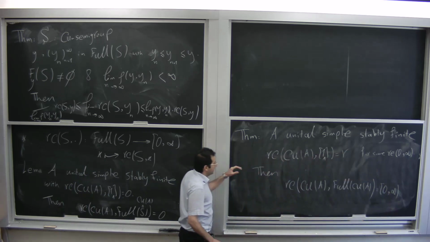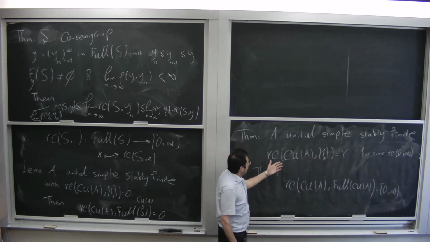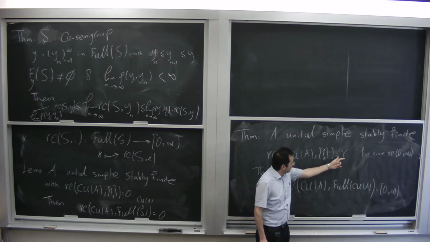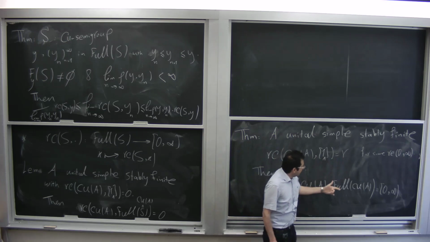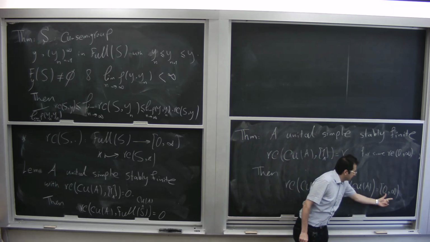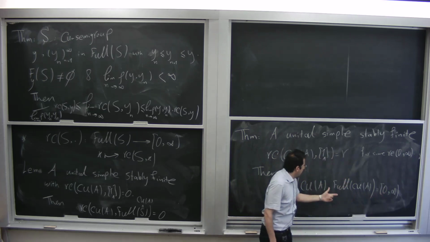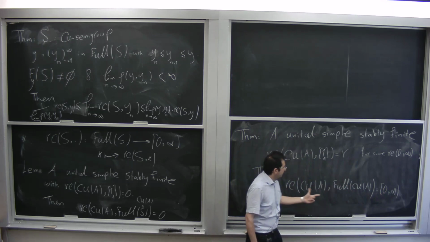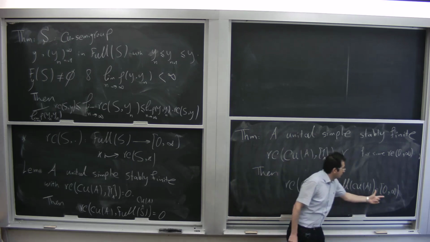So it means that if the radius of comparison with respect to the unit is equal to R, then for any number in this interval, you can find a full element such that the radius of comparison relative to that element is equal to this number.